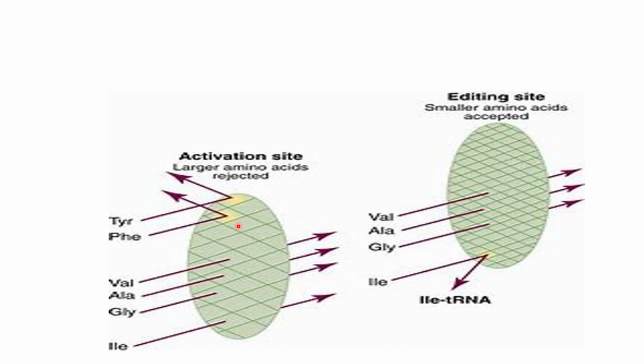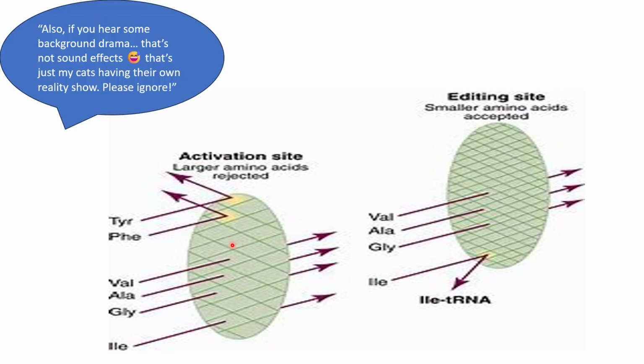What happens immediately is the larger amino acids such as tyrosine and phenylalanine are rejected immediately from the first site, that is the activation site or the first sieve itself. But this site accepts the smaller near-similar amino acids and the correct amino acid as well. So valine, alanine, glycine and isoleucine pass through the first sieve.